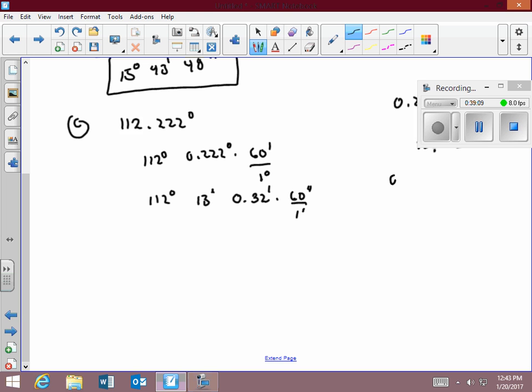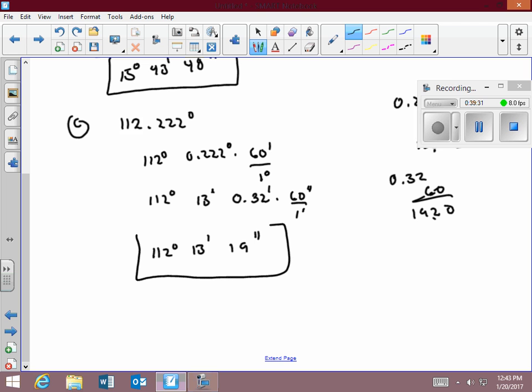So I take 0.32 times 60. 19.2, 2 decimal places, 112 degrees, 13 minutes, and then you round down 19 seconds. Did I do all my math right?